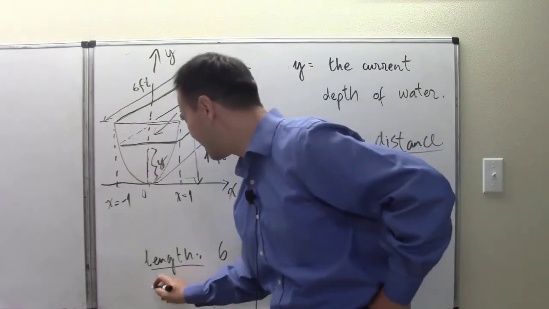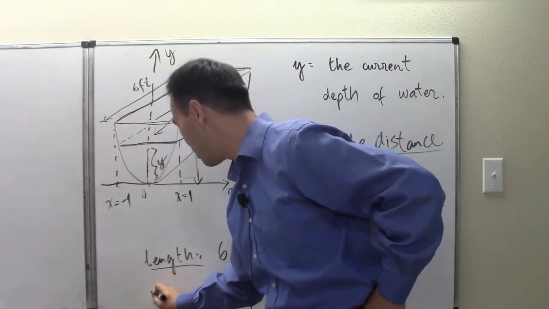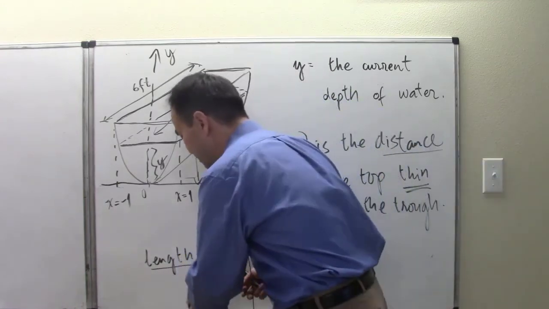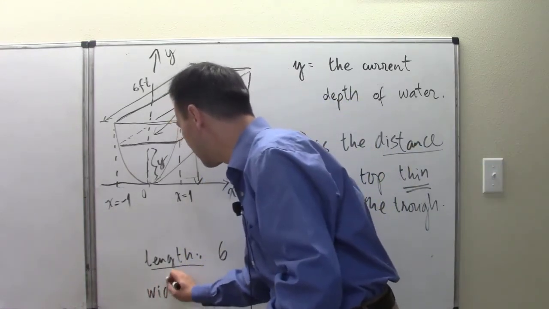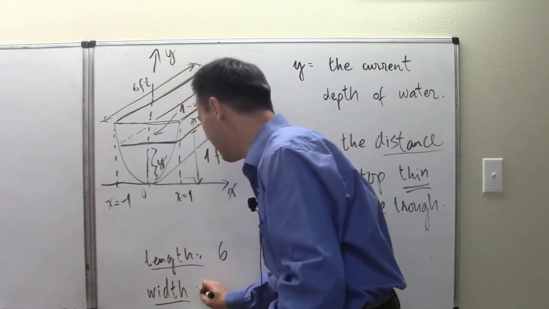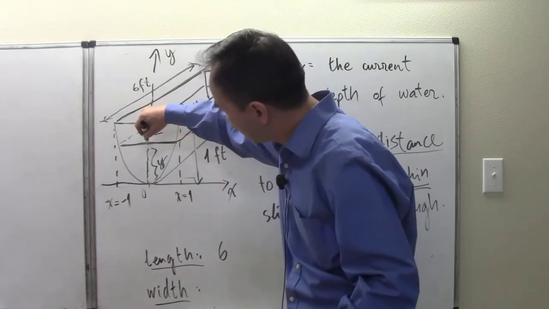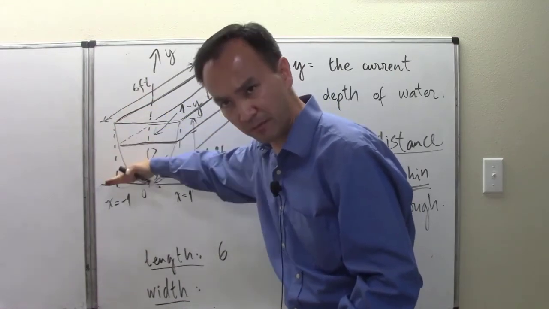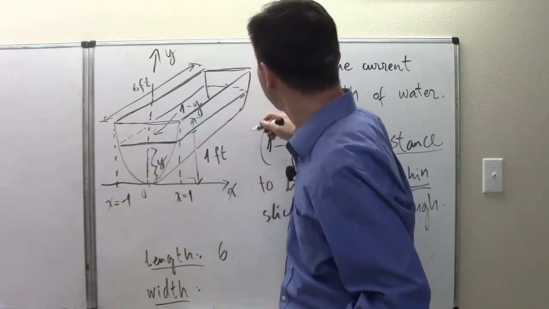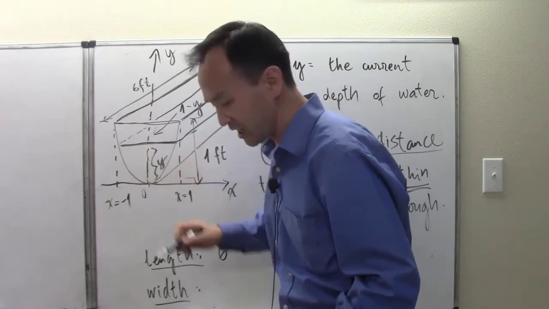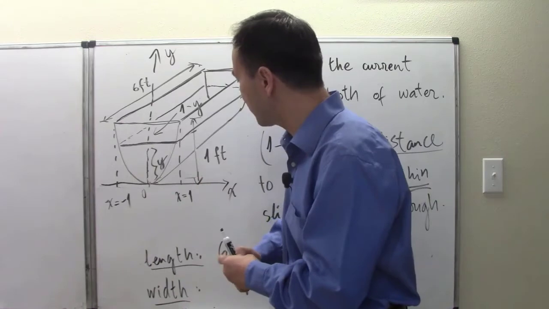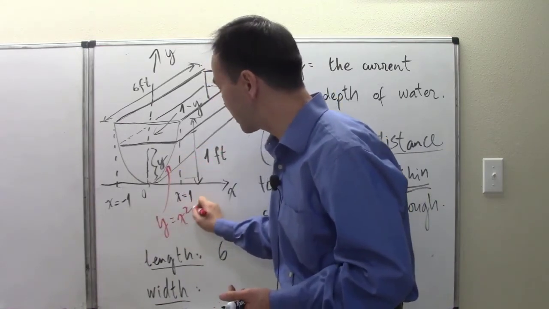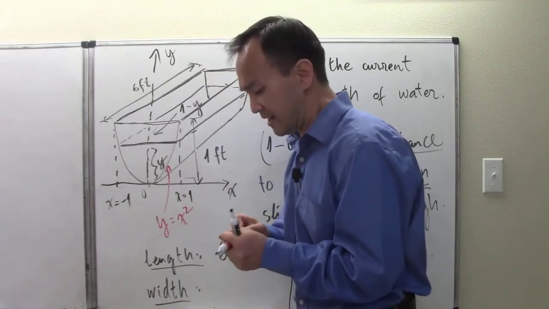Now I'm going to say the width of the water. The width depends on the shape of the cross section, which we already knew came out as the parabola, y equals x squared.